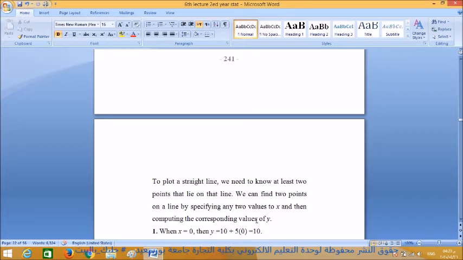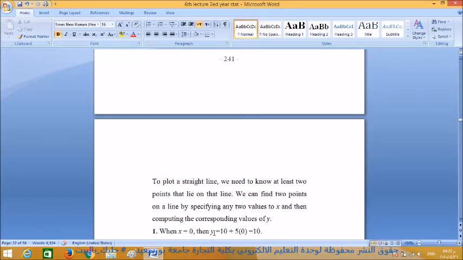So here the meaning of a represents the value of y when x equals 0. It's not logical for x to equal 0, but mathematically y, the dependent variable, equals a, the constant, when x equals 0.